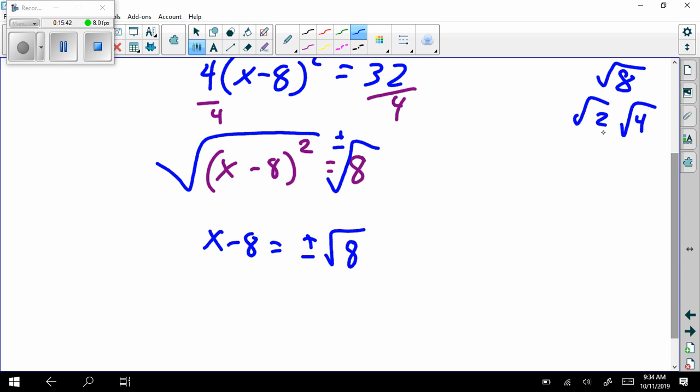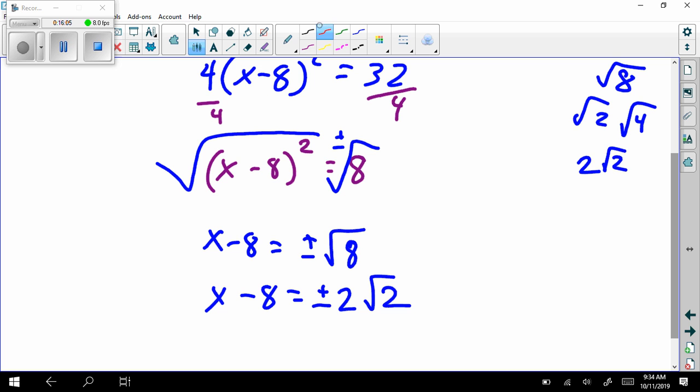So the square root of 8 is the same thing as square root of 2 times square root of 4. Square root of 4 is 2. Square root of 2 is the square root of 2. So the square root of 8 simplifies to 2 square root of 2. So that's plus or minus 2 square root of 2.